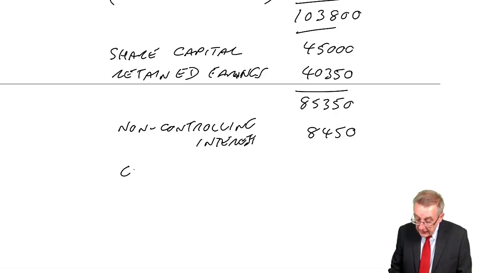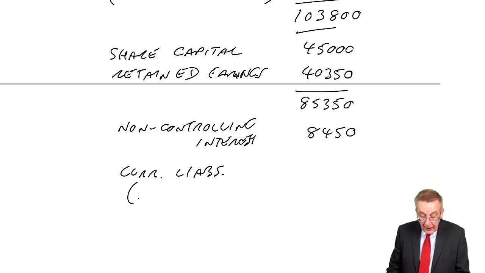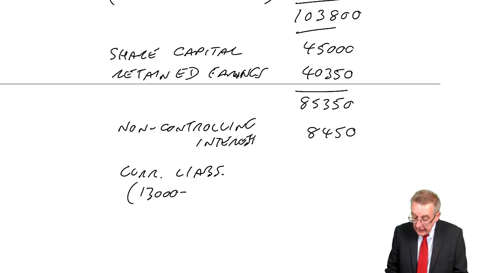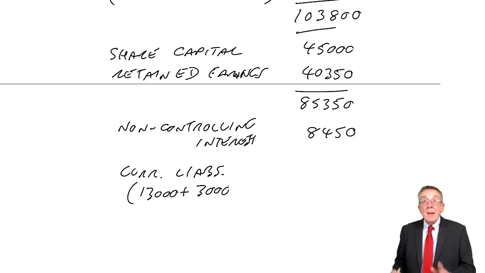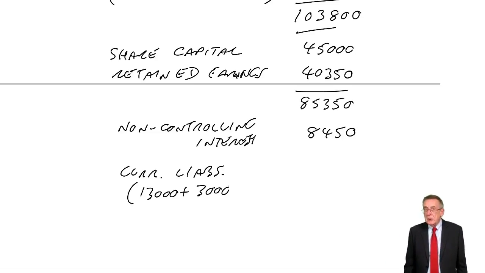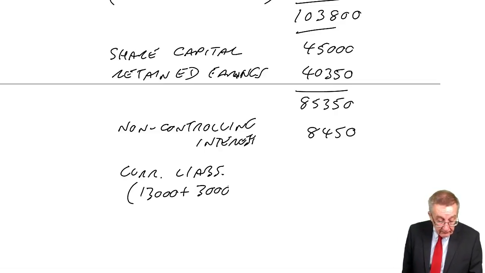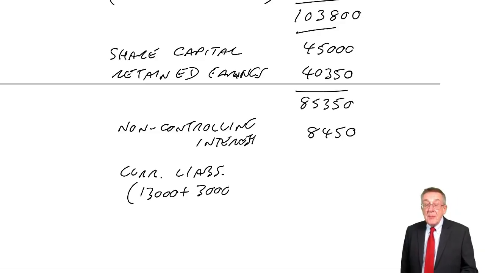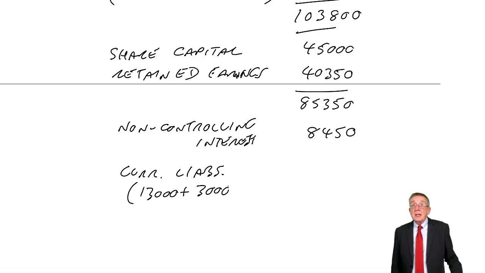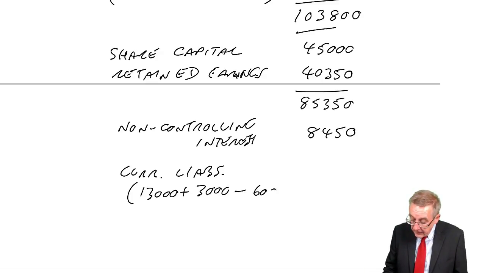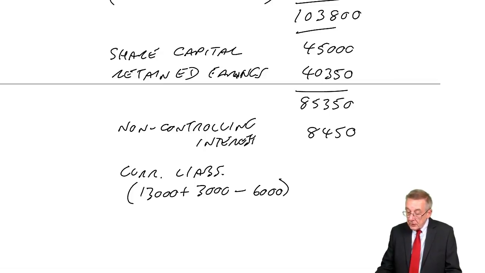Finally, current liabilities, 13,000, 3,000. But of course, this includes payables, and included in P's payables is 6,000 that's still owing to S. So take out anything owed from one company to the other, and what are we left with? 10,000.